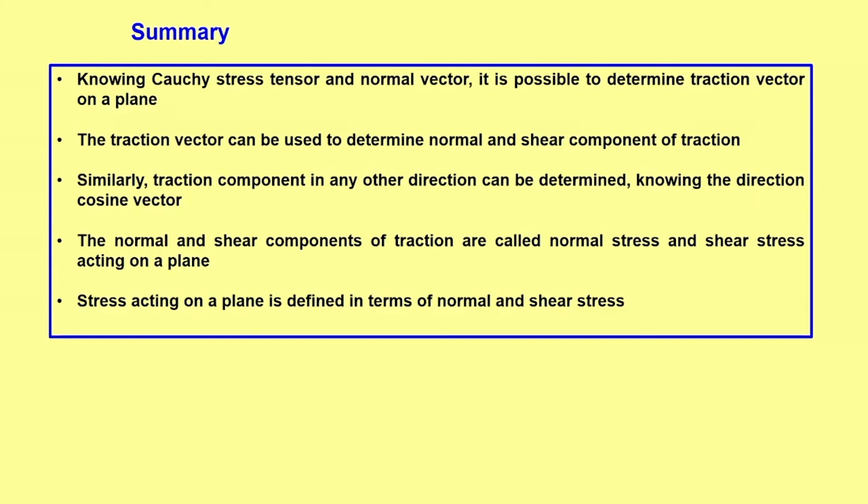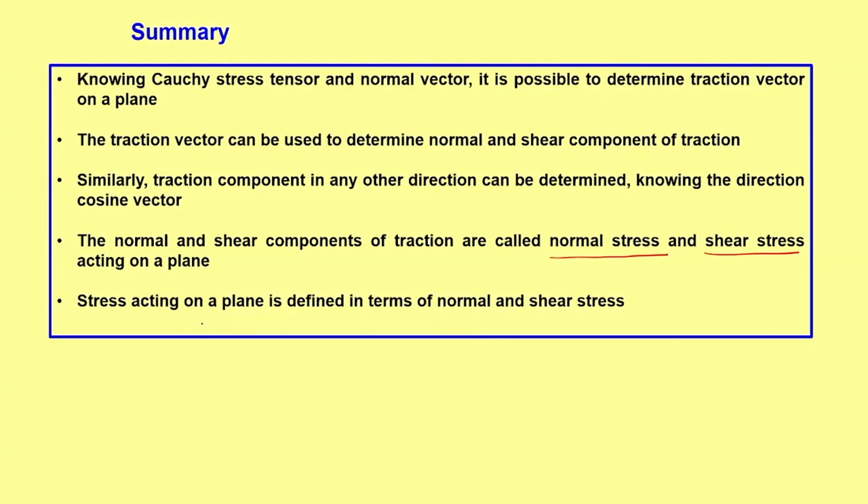The normal and shear components of traction are called normal stress and shear stress acting on a plane. Whenever we say stress acting on a plane, we define it in terms of normal and shear stress.